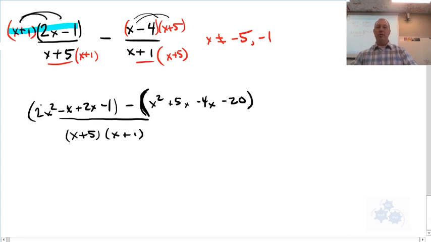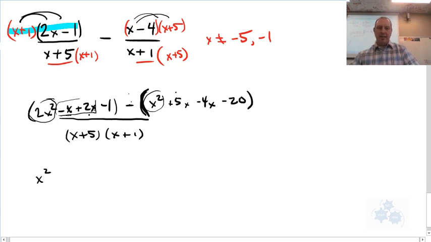Then we want to simplify the top, so let's gather some like terms. I see a 2x squared minus 1x squared, so that's simply x squared on the top. This is a negative x plus 2x, that's plus x. So we've got x minus 5x, that's negative 4x, and then minus a negative 4x. If that's too much to do in your head, you can jot it down on the side. You can combine these in the first step too if you want. But I think that should be 0x.